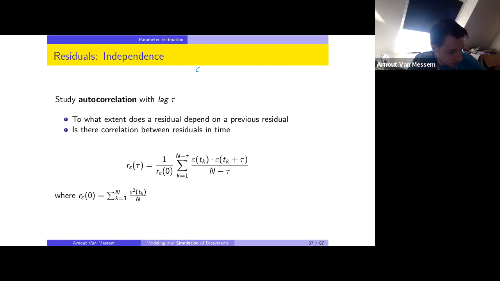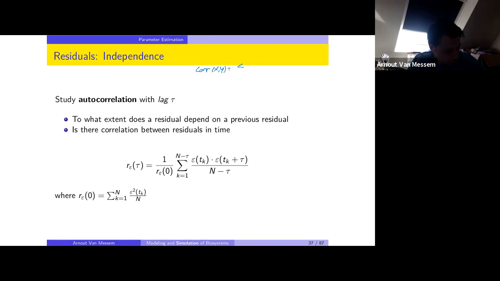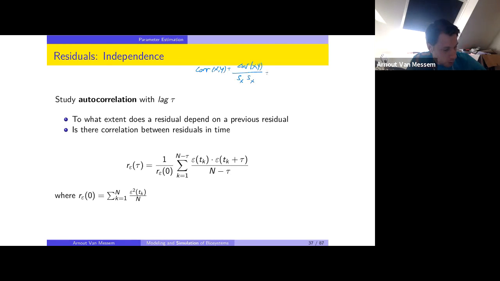The correlation between x and y is the covariance between x and y divided by the standard deviation of x times the standard deviation of y, which in formula form is the sum of (xi minus x bar) times (yi minus y bar) over n minus 1 times Sx Sy. So this is the general formula.